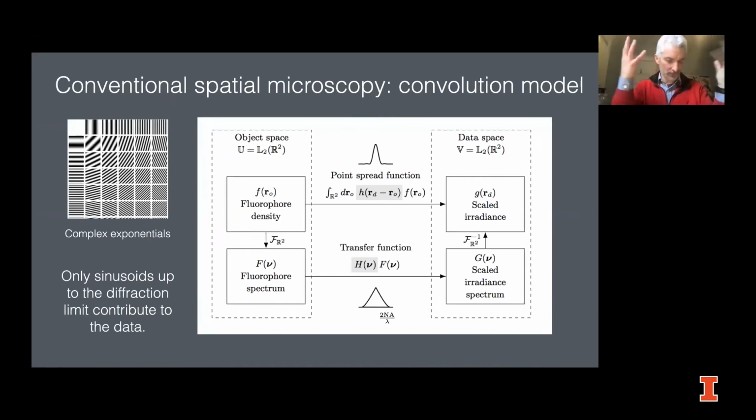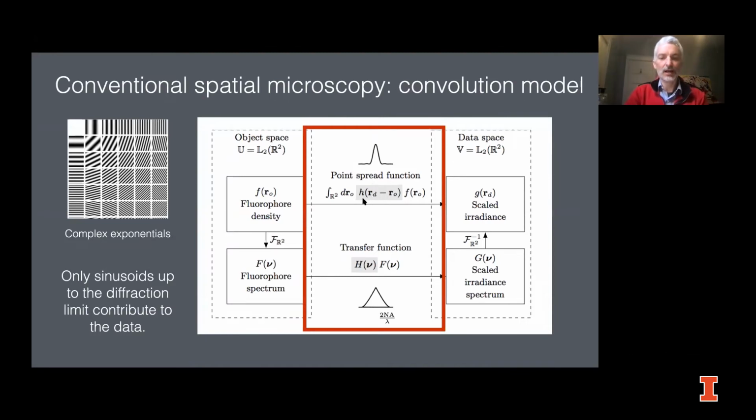If we consider just a conventional spatial microscope, where these angular issues are ignored or can be ignored because of isotropic distributions of emitters, and if the microscope is shift invariant, then that kernel H becomes H of R_D minus R_0, a convolution essentially.